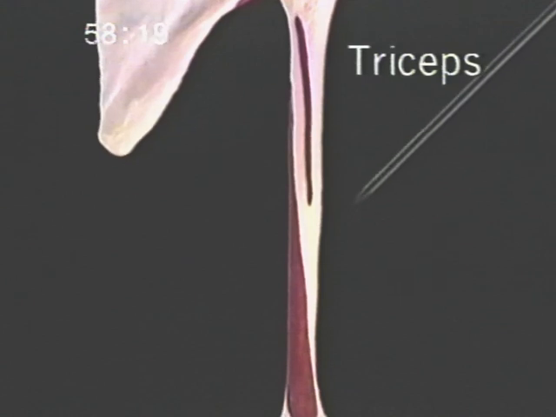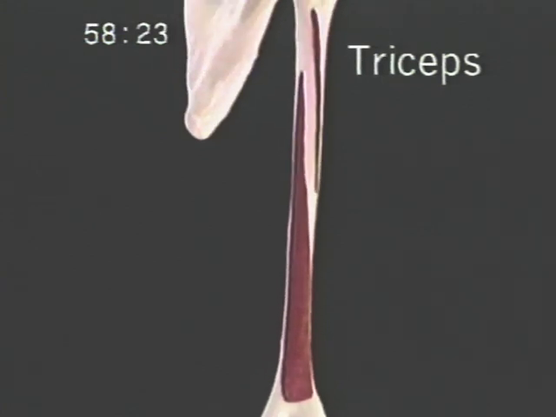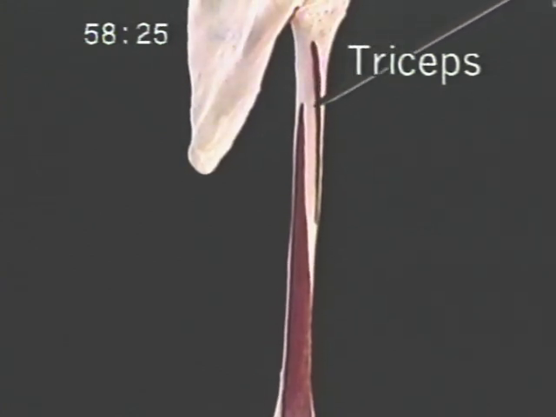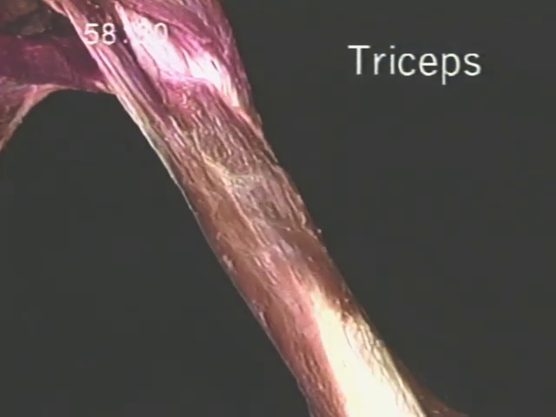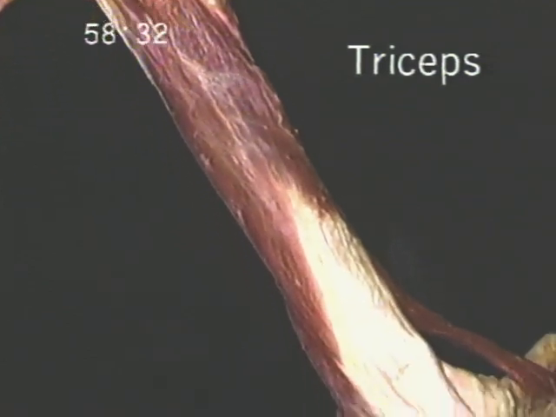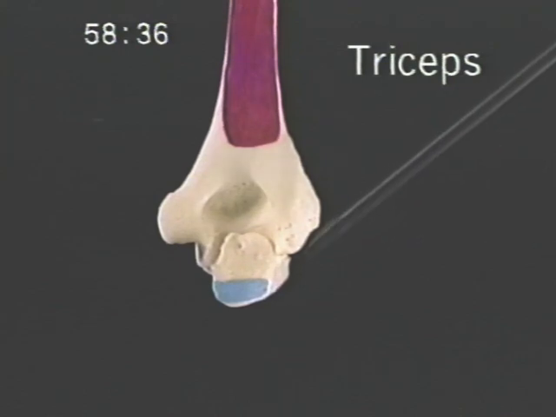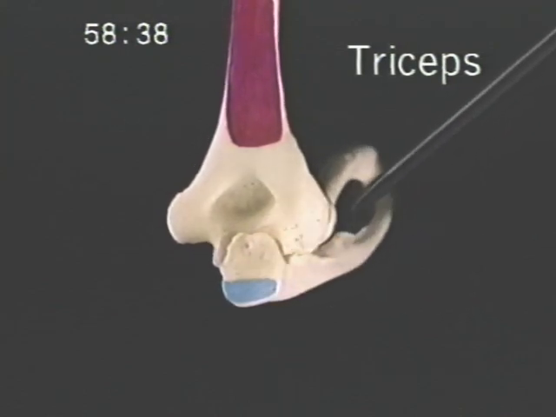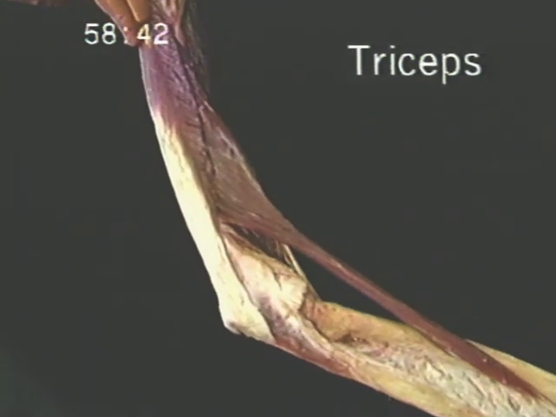The medial head arises from a broad area lower down and more medially. As we'll see, the radial nerve runs next to the bone between the lateral and medial heads. The three heads of triceps converge to form this massive tendon, which inserts here on the olecranon. Contraction of the triceps extends the elbow.